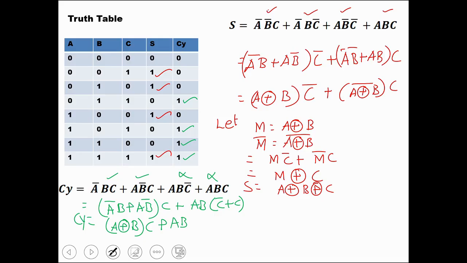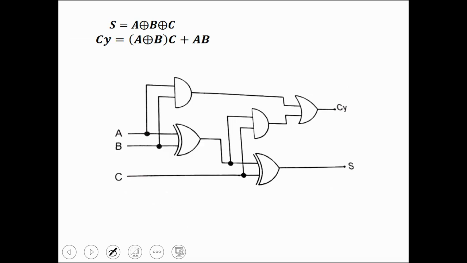So we have converted the truth table to the Boolean expression. For the sum, we are getting the expression as A XOR B XOR C. For carry, we are getting the expression as A XOR B into C plus AB. Implementing this Boolean expression in designing the logic circuit, we are getting this.